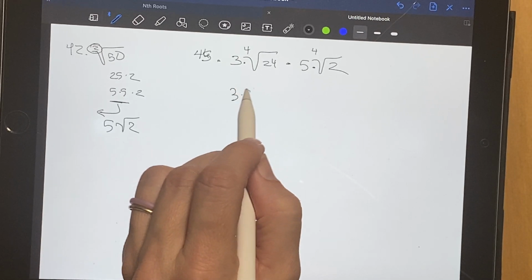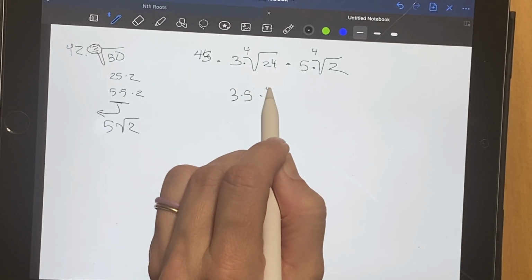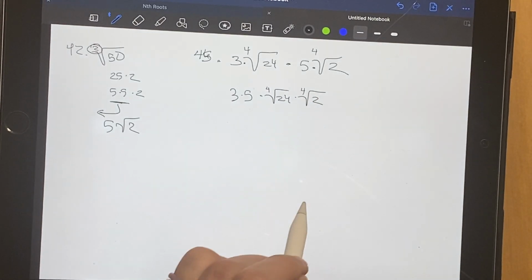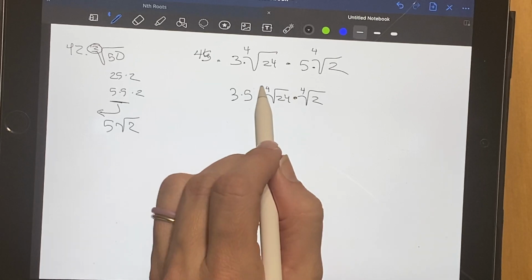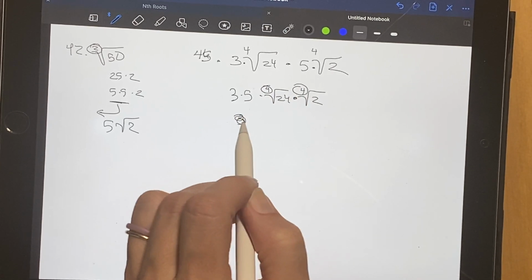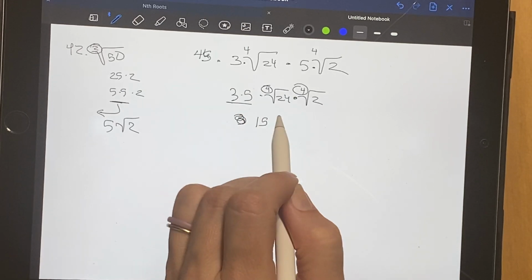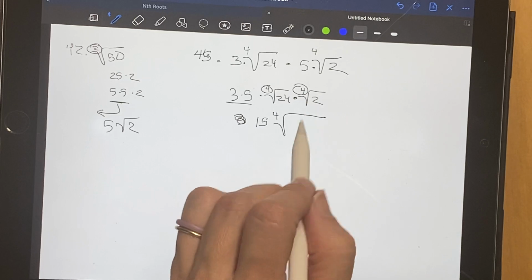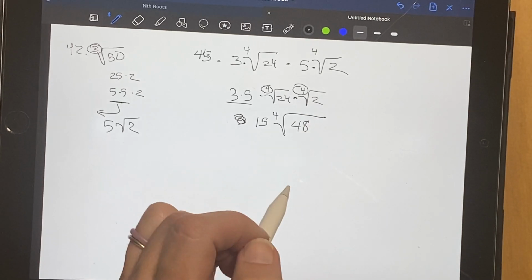So I'm going to do 3 times 5, and then the fourth root of 24 times the fourth root of 2. Because these are multiplied and I have the same index, we can combine those. So now I've got 15, 3 times 5, and the fourth root of 48.